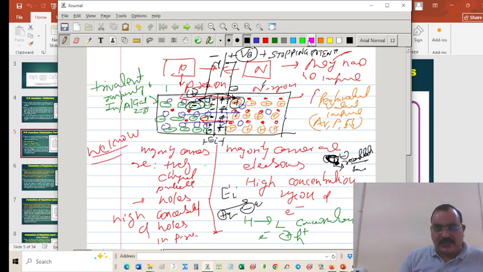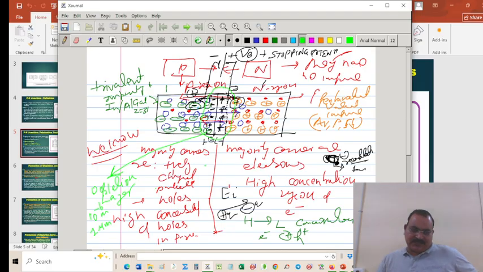And one more thing, this particular region, besides your barrier potential, is known as the depletion layer. This is known as the depletion layer, and the width of the depletion layer is 10 to the minus 6 meter, that is 1 micrometer.